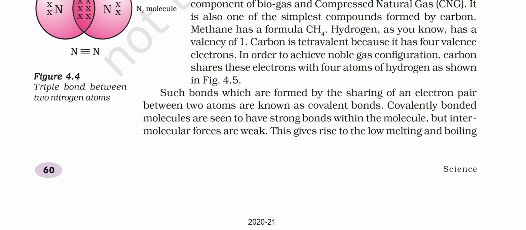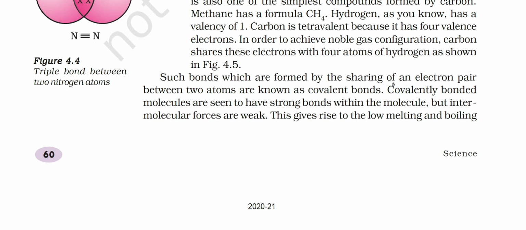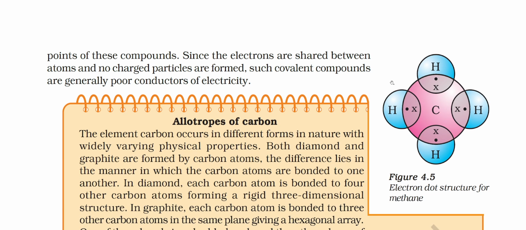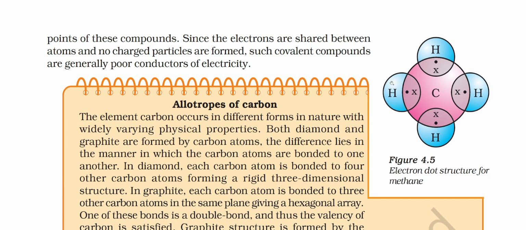Covalently bonded molecules are seen to have strong bonds within the molecule, but intermolecular forces are weak. This gives rise to the low melting and low boiling points of these compounds, since the electrons are shared between atoms and no charged particles are formed.